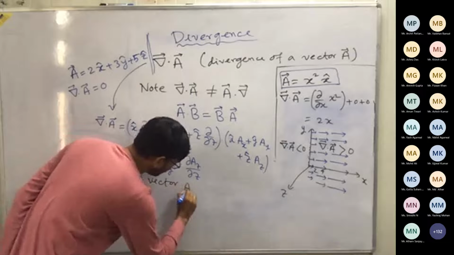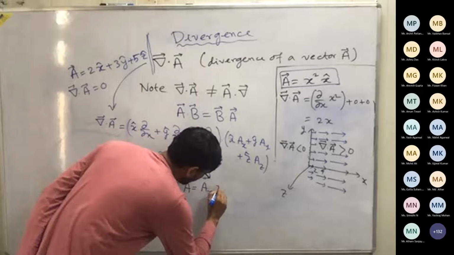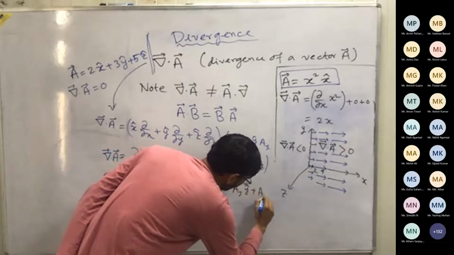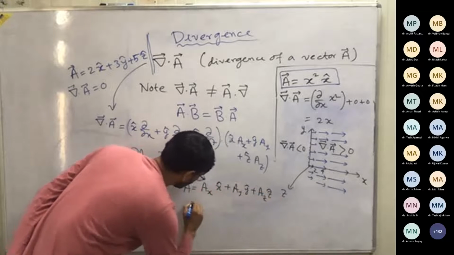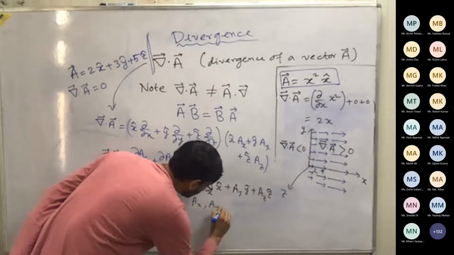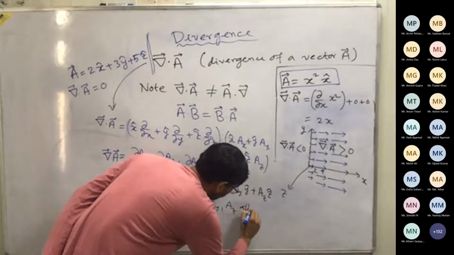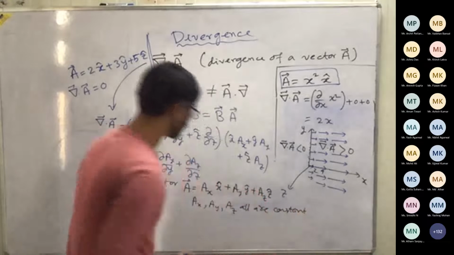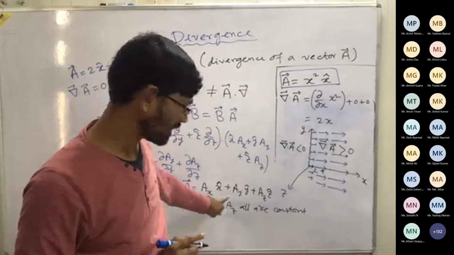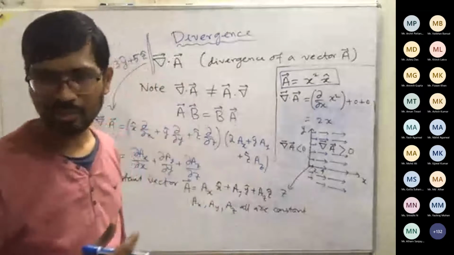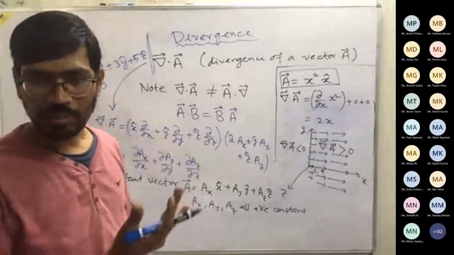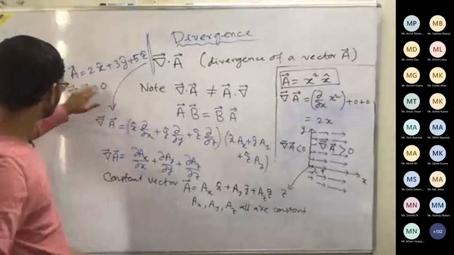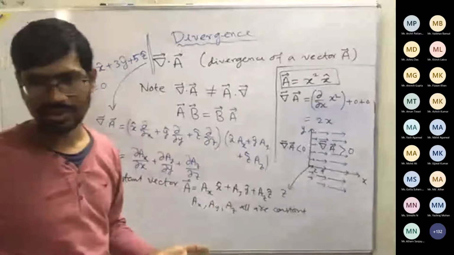Vector A is equal to ax x cap plus ay y cap plus az z cap, where ax, ay, az are all constant. Students usually make a mistake, they just keep one direction. It's wrong. In general, they can have all three directions, but the components are constant. So for this constant vector, divergence is 0.